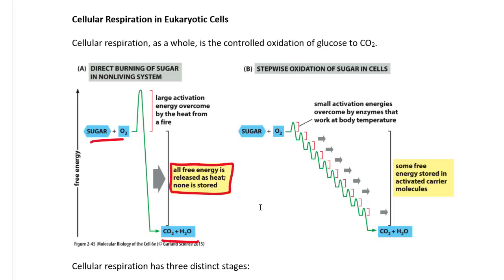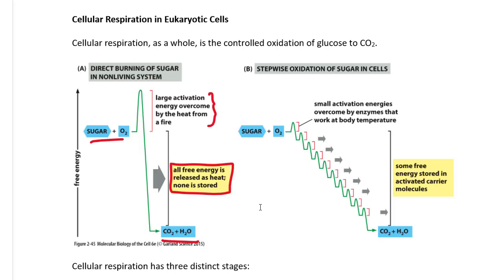Right? And you can burn sugar. Just put a little bit of sugar, although I would not recommend you try this at home unless you have an outdoor kitchen and you're being super safe. Just don't try it. Anyway, sugar can be burned. Also, there's a large energy of activation barrier to overcome, and that can be problematic, especially in the cell.